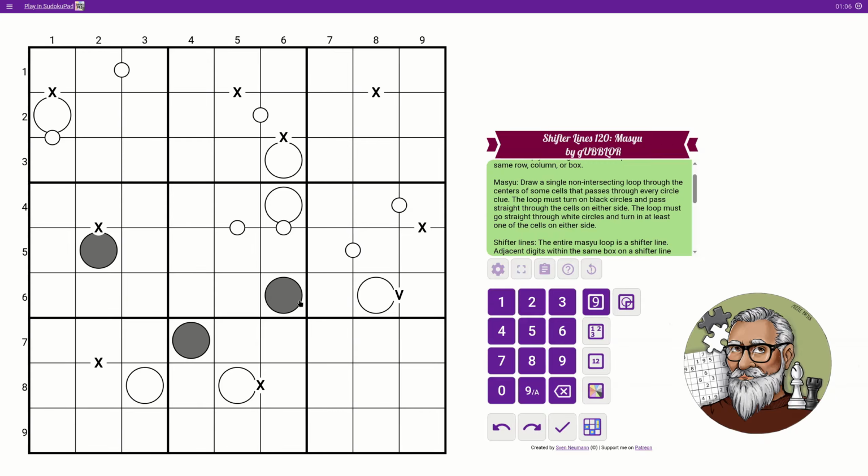The loop must turn on black circles and pass straight through the cells on either side. Okay. So there's an angle on any of the black circles, but it has to continue them.